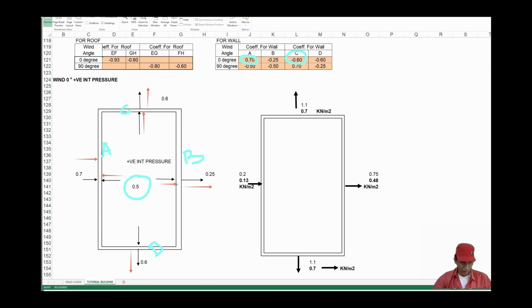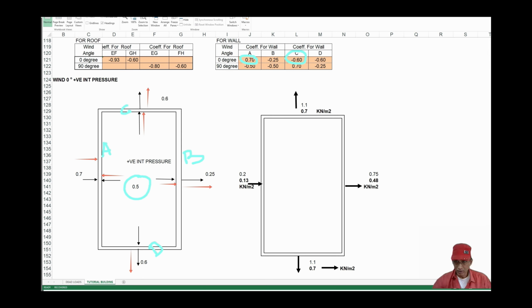Having written down the directions of positive pressure as well as the values and directions of external pressure coefficient and internal pressure coefficient, we should now work out the effective coefficient in each direction. Now it will not be according to the sign convention, it will be as per the global direction.